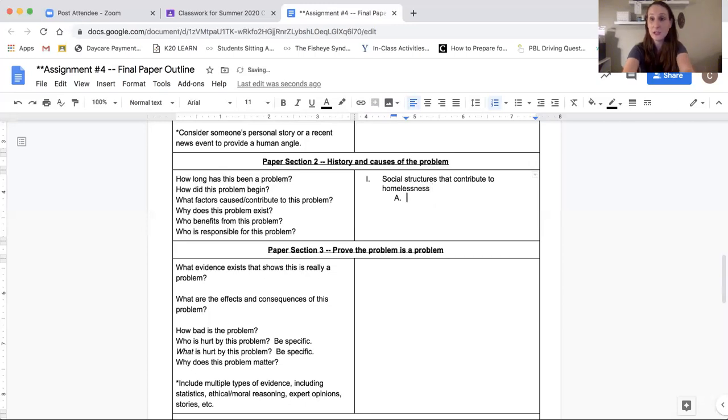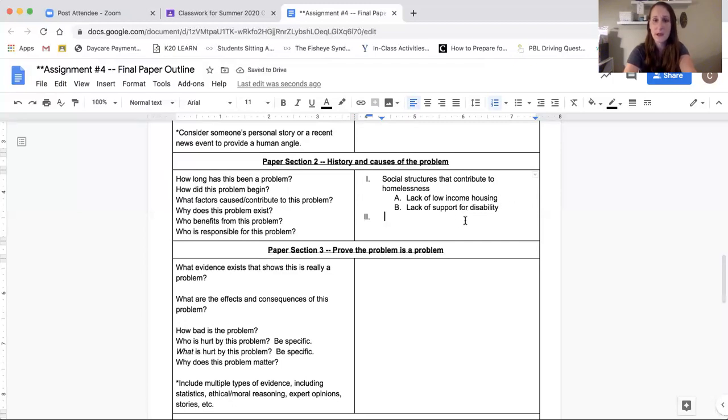And then underneath here, I might want to talk about lack of low-income housing. And I might want to talk about also lack of support for disability. In other words, this should look like an outline, not just a list of answers to each and every one of these questions, okay? So maybe in section 2 here, I'm going to have a separate paragraph, or each of these could be a paragraph too.